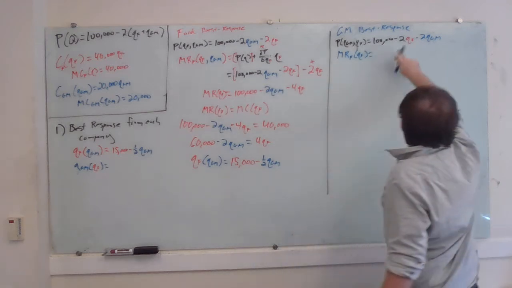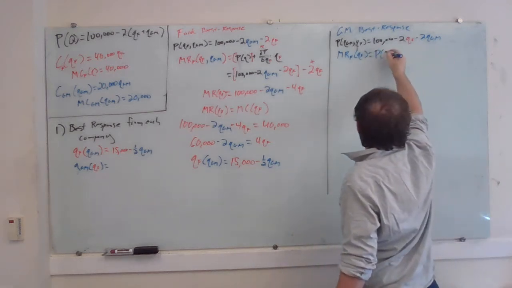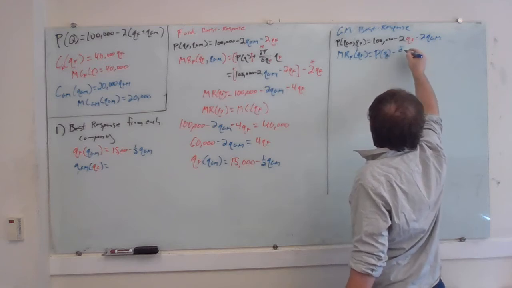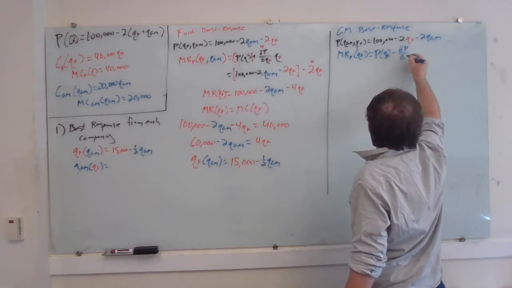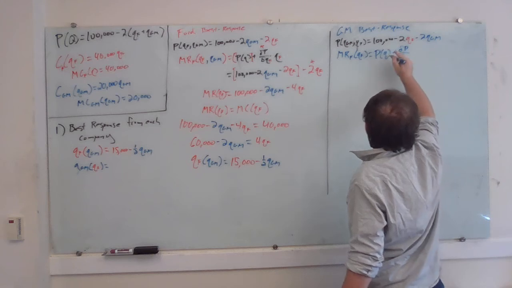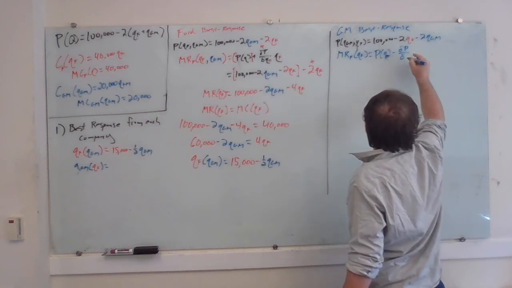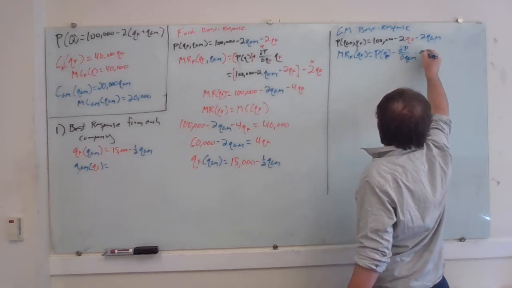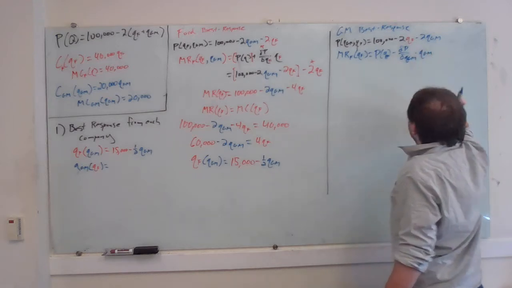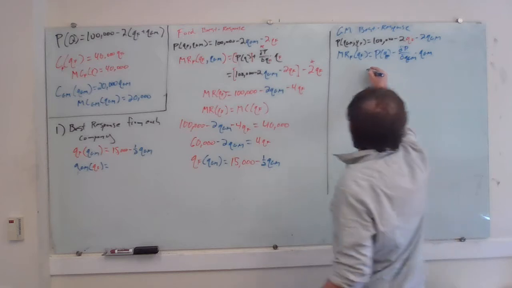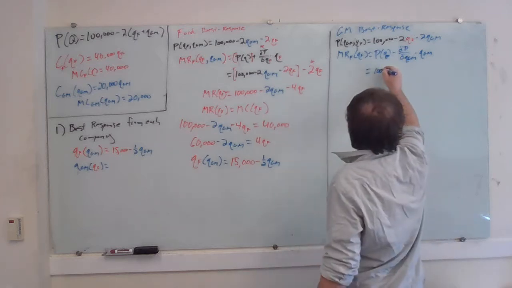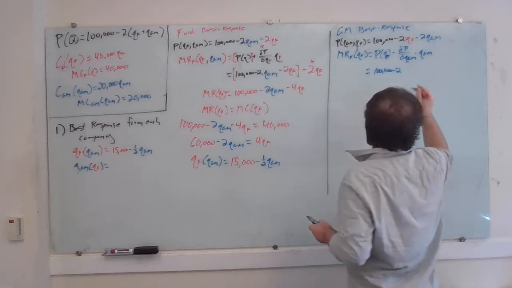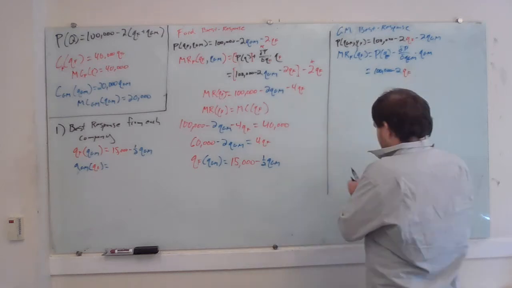Wonderful. Our marginal revenue is going to be P of Q minus dP dQGM, I'm sorry, we're doing GM now, times QGM. So this is going to be 100,000 minus 2QF minus 2QGM.